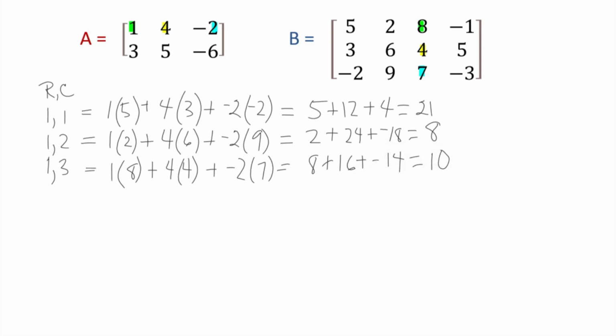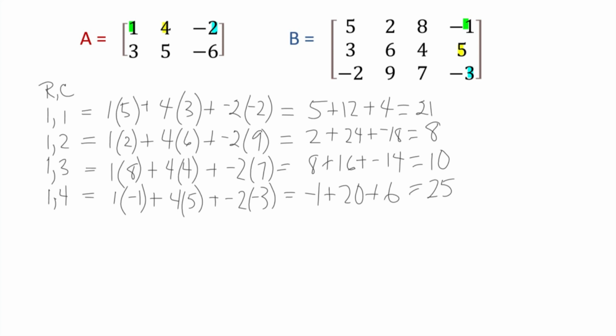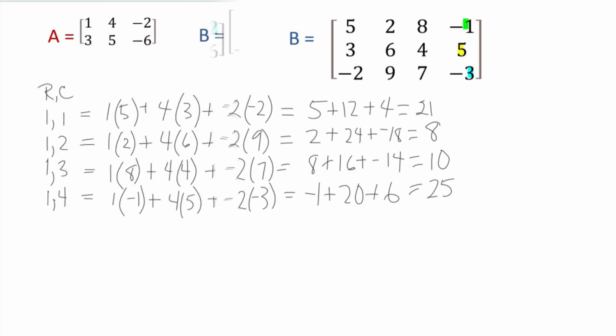And the last column is row 1, column 4, which would equal 1 times -1 plus 4 times 5 plus -2 times -3. Multiply, that would be -1 plus 20 plus 6, equal 25. So now we are going to go to our second row.